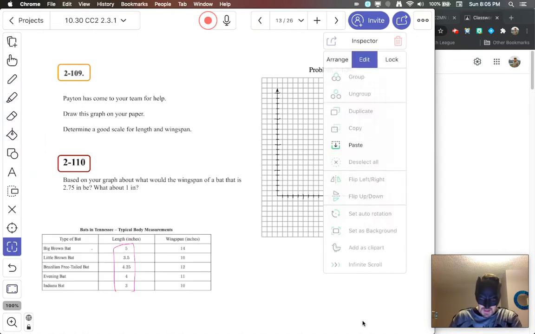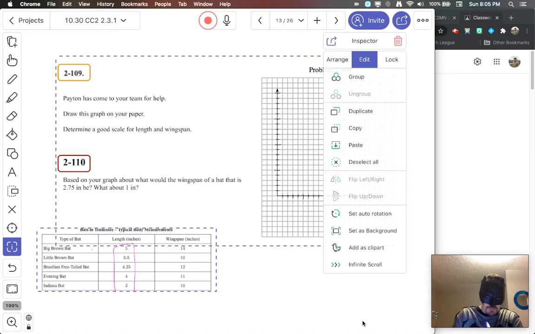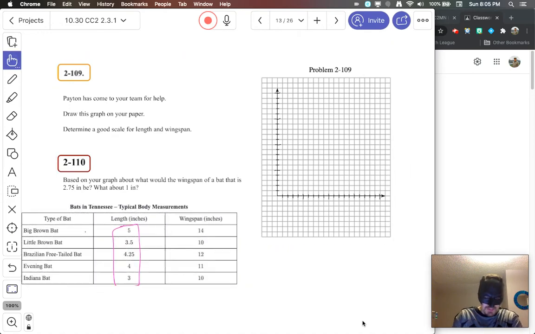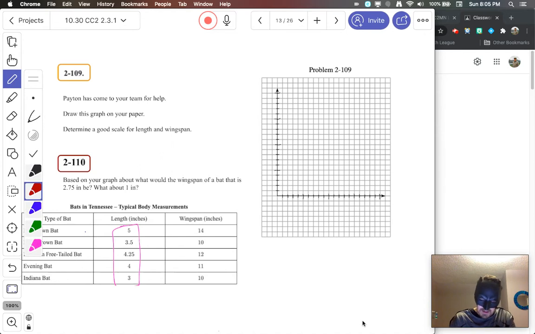So as I was looking at this data here, all right, what I'm noticing is that this data has a 0.5, it has a 0.25, and our data really has a small range. And so because of that, what I'm going to do is I'm going to count by a half. It's easy. So essentially each jump is going to be a 1/2 inch.